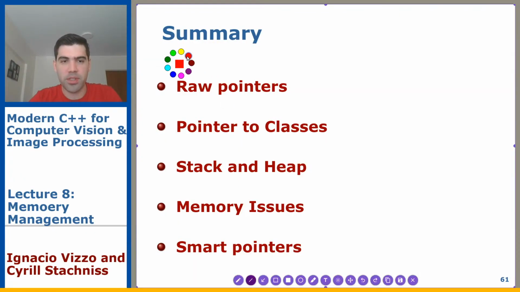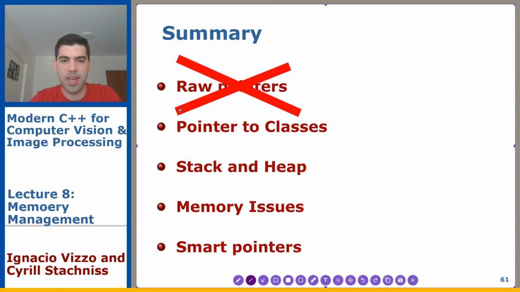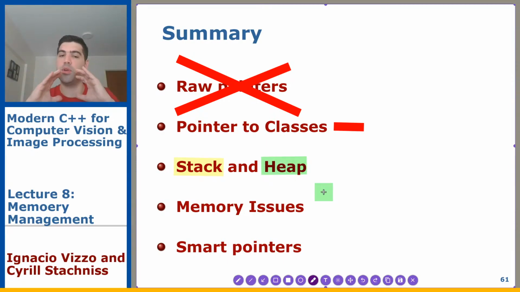So, a summary. Raw pointers, verboten. I don't want to see this in your code. We saw a really quick introduction on how to point to classes and how people were doing this before smart pointers. We also saw an introduction, and this is super important to me, that you understand the difference between the stack memory and the heap memory, two types of memory on your system.